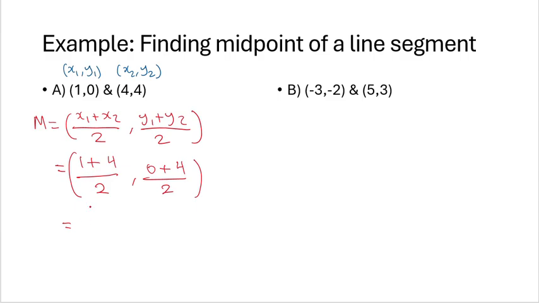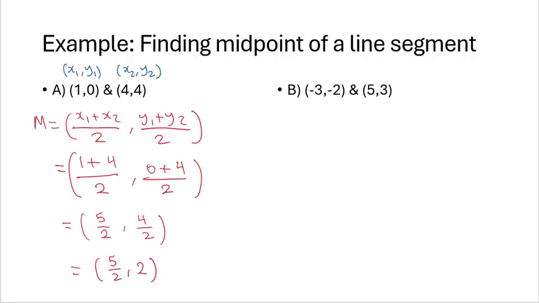Now you just simplify it. What's 1 plus 4 divided by 2? Just go at it slowly. 1 plus 4 is 5, and since you can't really divide that by 2 evenly, you just leave it there. Then 0 plus 4 is 4, divided by 2. This ends up being 5 over 2, comma, 4 over 2.